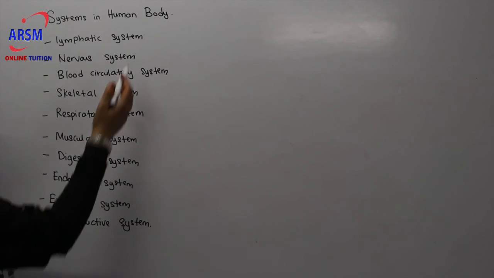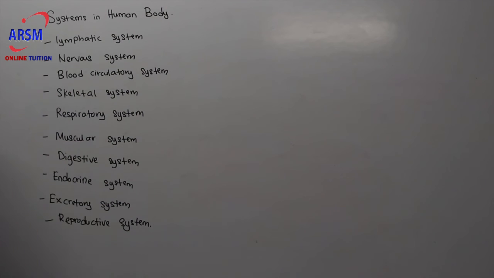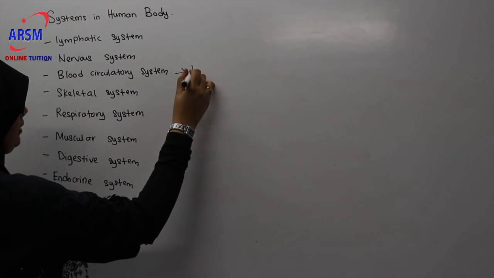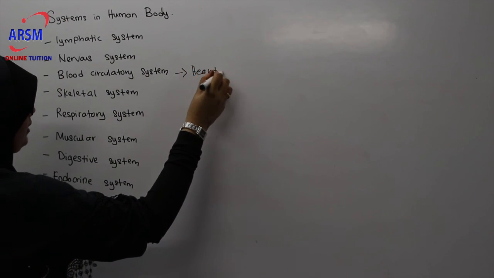Lymphatic system, nervous system, all these systems have different organs that act together and form a very well organized organism. For example, in the blood circulatory system, the organs we can see are the heart and blood vessels.